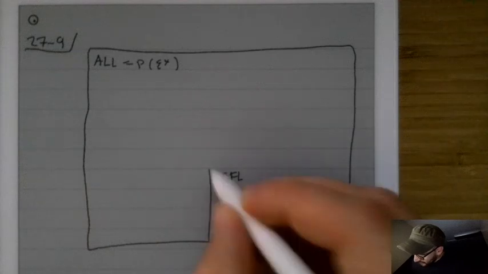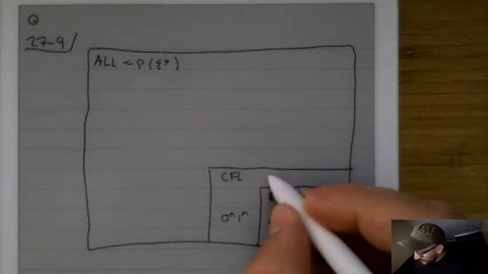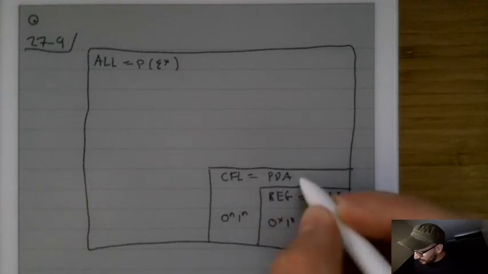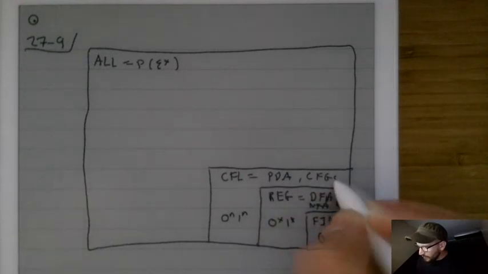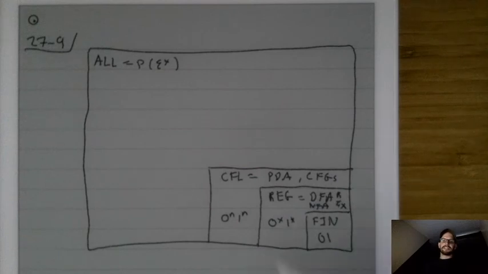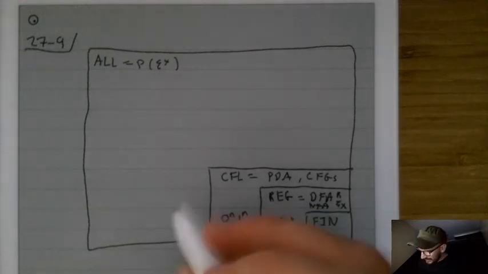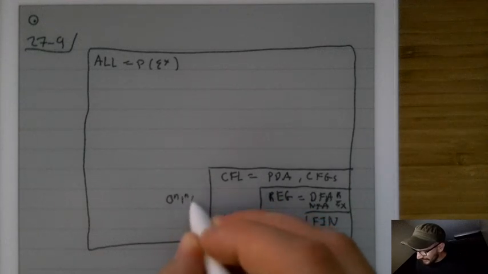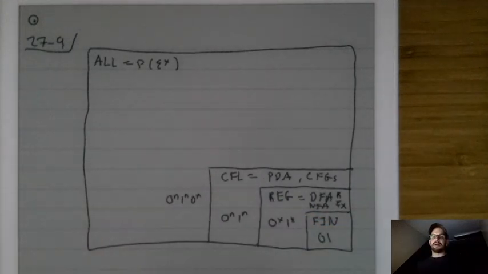And the CFLs had PDAs and context-free grammars, which were two different ways of defining these kinds of languages. But even these had things that we couldn't do. Essentially, they allowed us to count, but they only allowed us to count one time. So if we needed to count multiple times, like with 0 to the n, 1 to the n, 0 to the n, that was not possible.